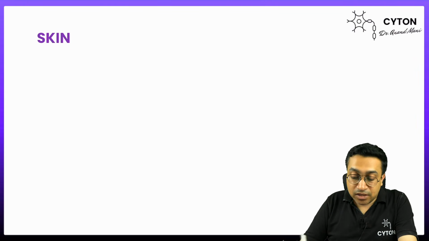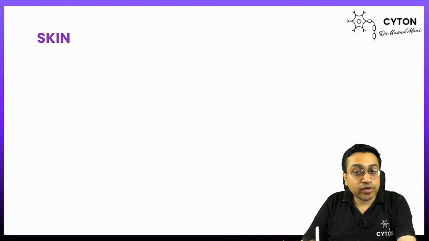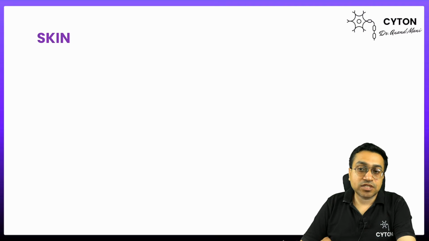So the skin is the outer covering of the body, which is supported by all these appendages, and also the derivatives of the skin like the hair, nails, sebaceous glands, sweat glands, which we just listed.